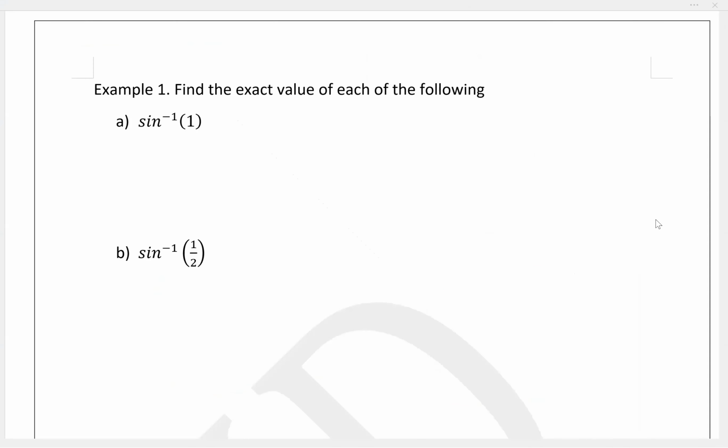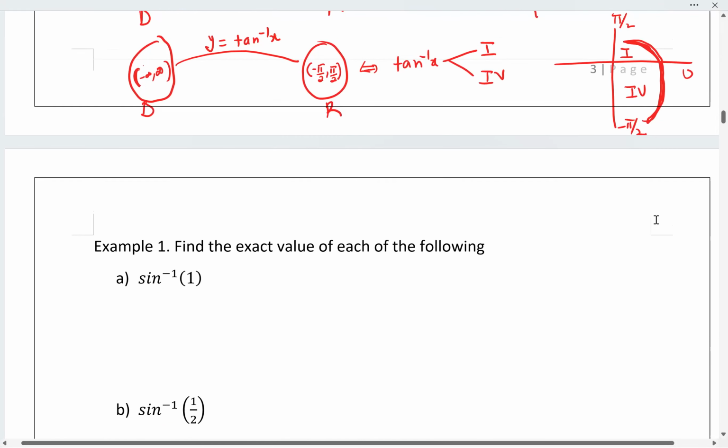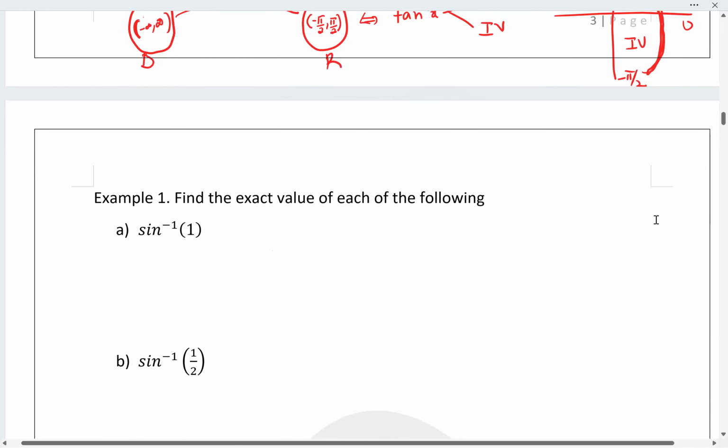All right, so now let's go straight into exercises using this chart. Now we talked about finding the sine inverse. Let's talk about finding the sine inverse of specific values now. So we want to find sine inverse of 1.